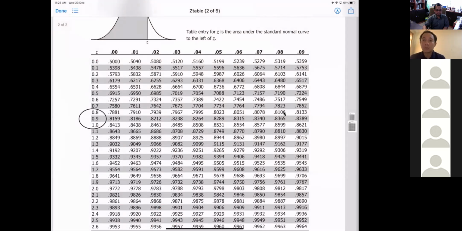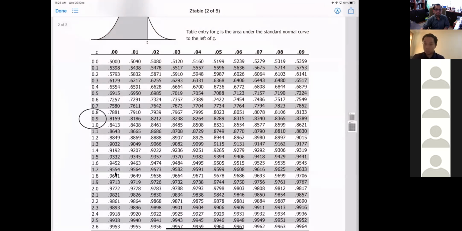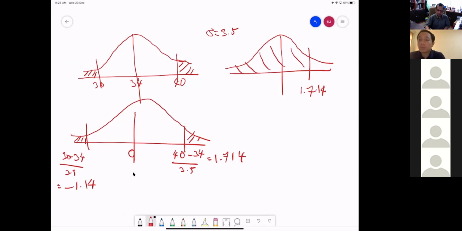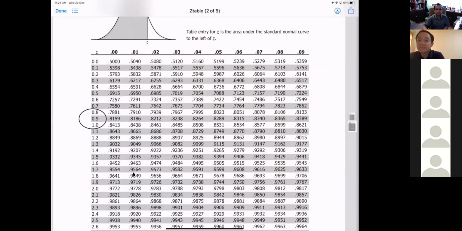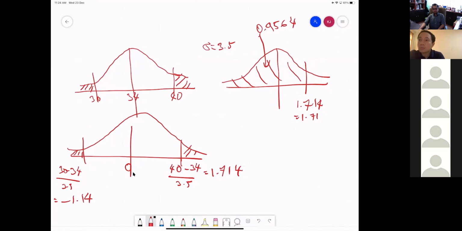1.71, somewhere around here, 0.9564. Okay, that's the area for that.